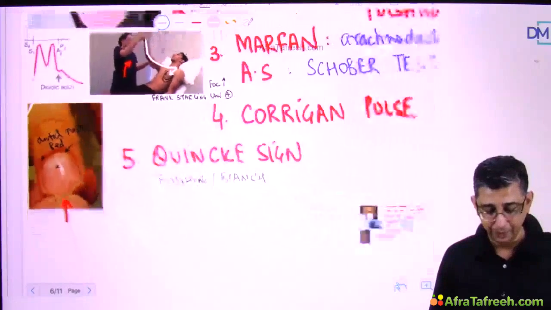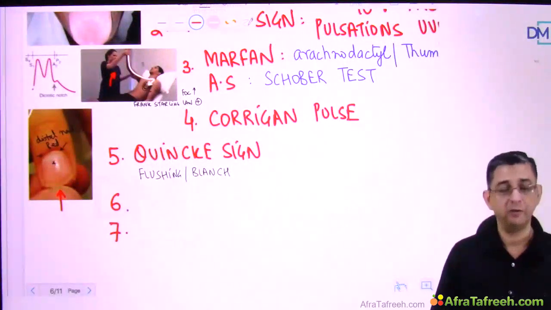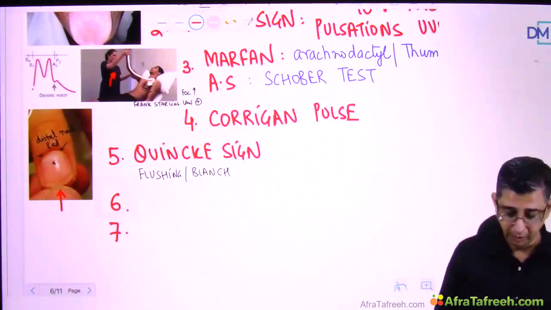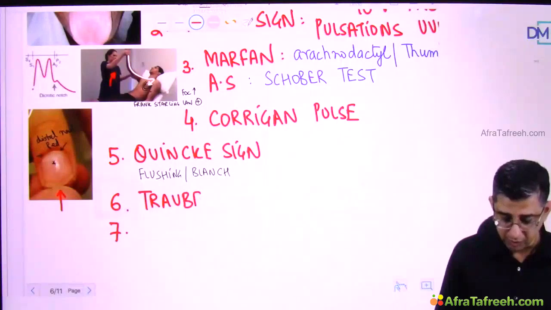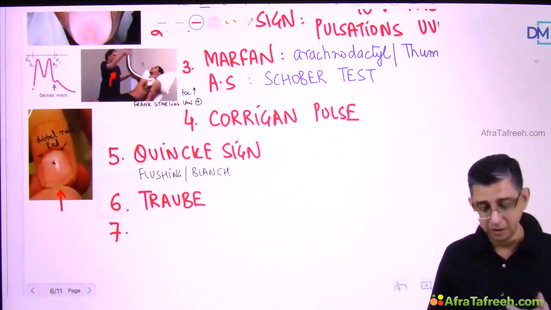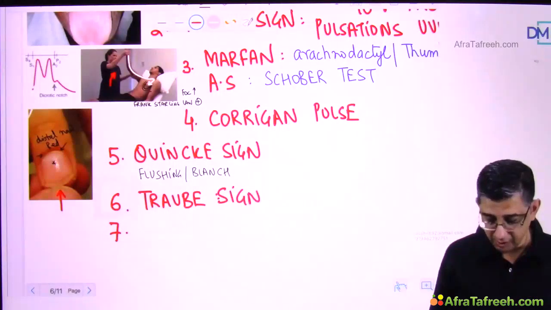The sixth feature that is encountered, sixth and seventh in fact, have very classical names, so I'll just mention them together. One, you would have read regarding pistol shot sounds in these patients. So instead of mentioning the pistol shot sounds in auscultation, I'm mentioning them here so we can finish the signs simultaneously.